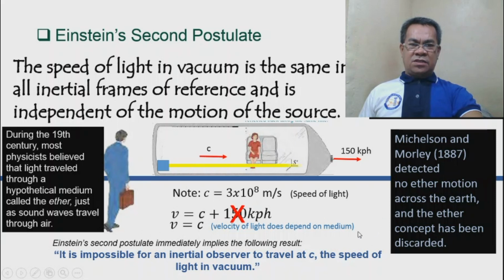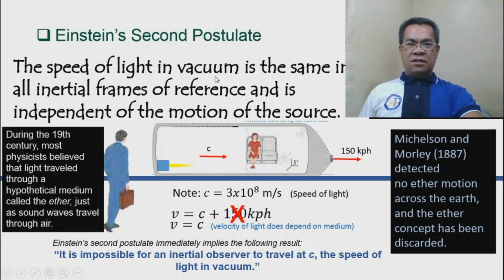So the question is, how will we use this one? The second postulate will be used in the next topic, in lesson 1.1.2, time dilation, then going to length contraction, until we revise the formula for Newton's law, the momentum.